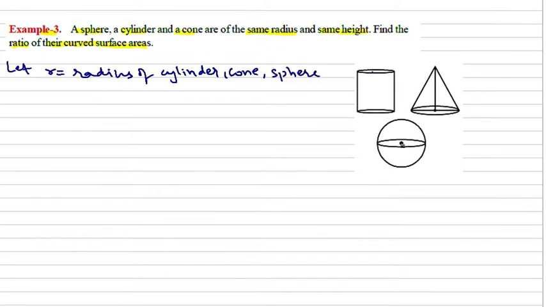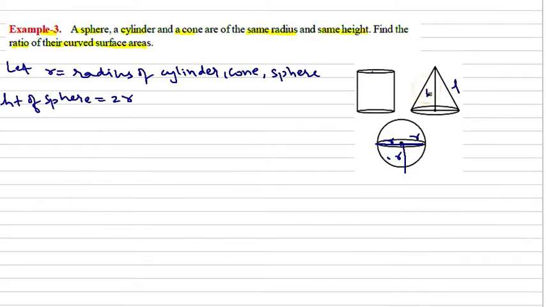Look at here, it is a radius and this sphere's height will become its diameter. So the height of the sphere, r plus r, will become 2 times the radius. Then height of sphere is equal to 2r, that is the diameter. So in this sphere, the diameter is the height of the sphere, and we are going to find the slant height of this cone.